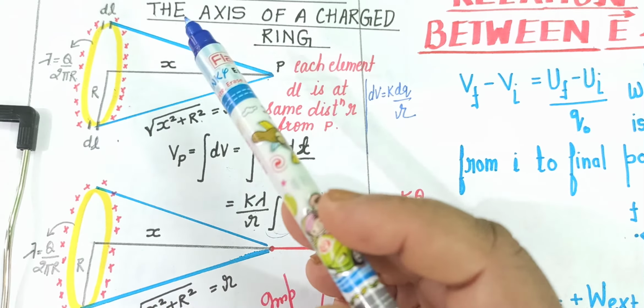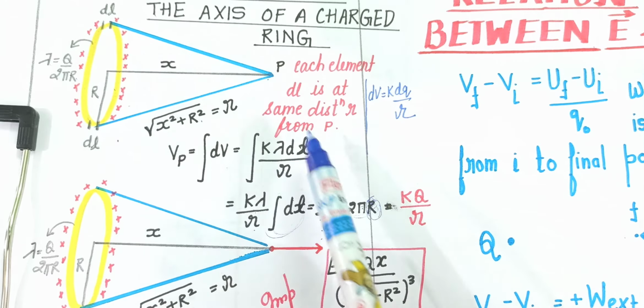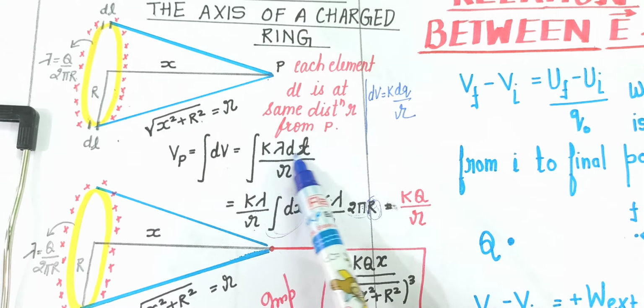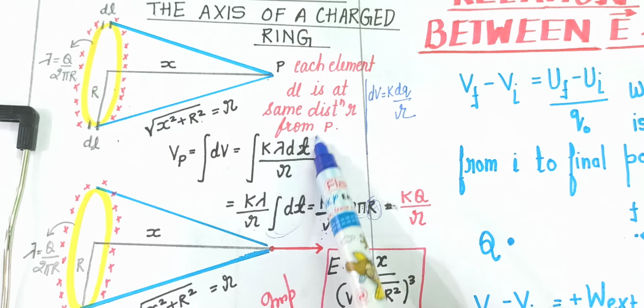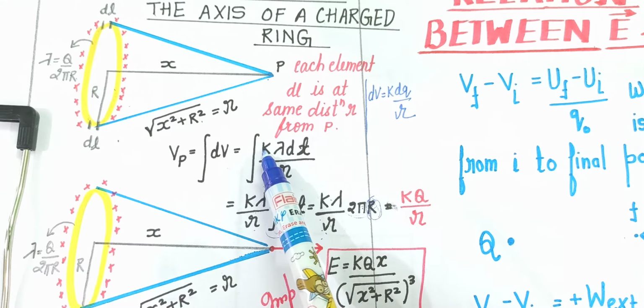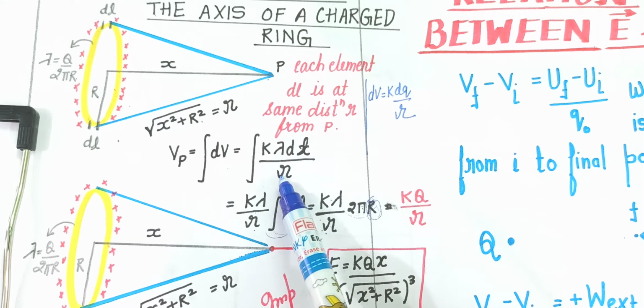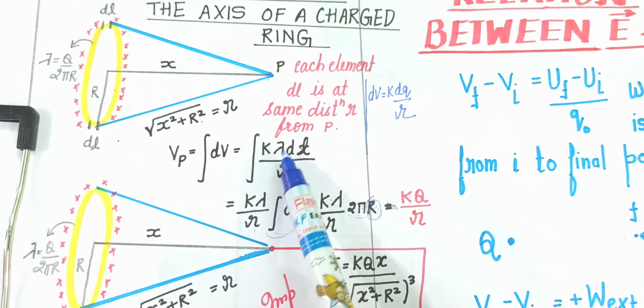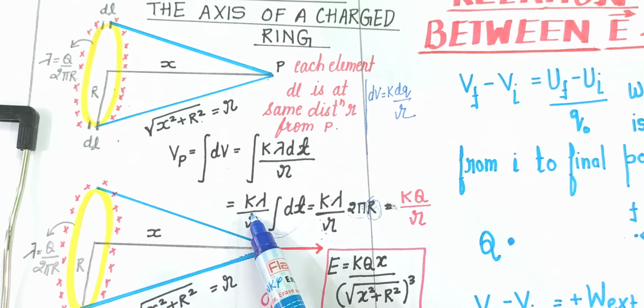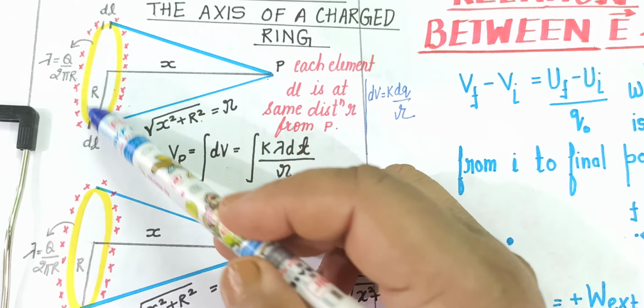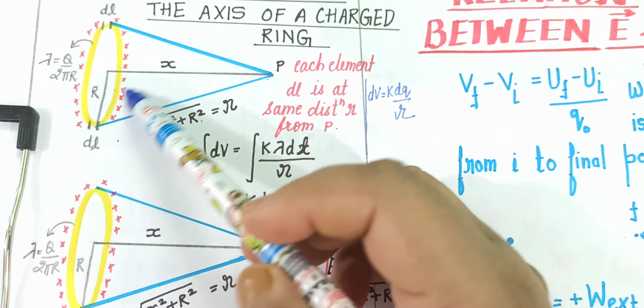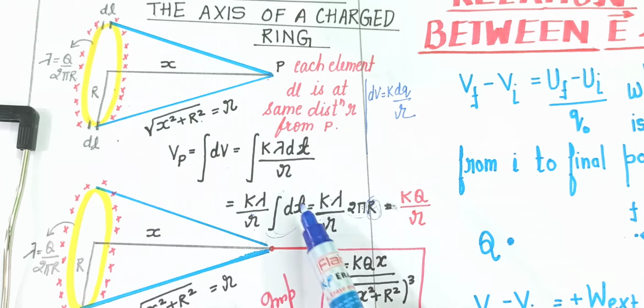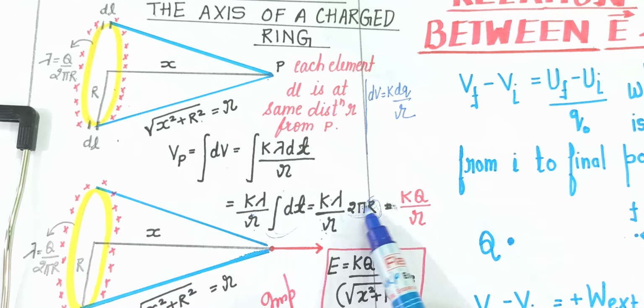So similar logic, the element will have charge lambda times the length of the element dl, k dq upon r, and k lambda by r will be out of the integration. Integral dl means the length of this ring, and the length of this ring will be 2 pi r.